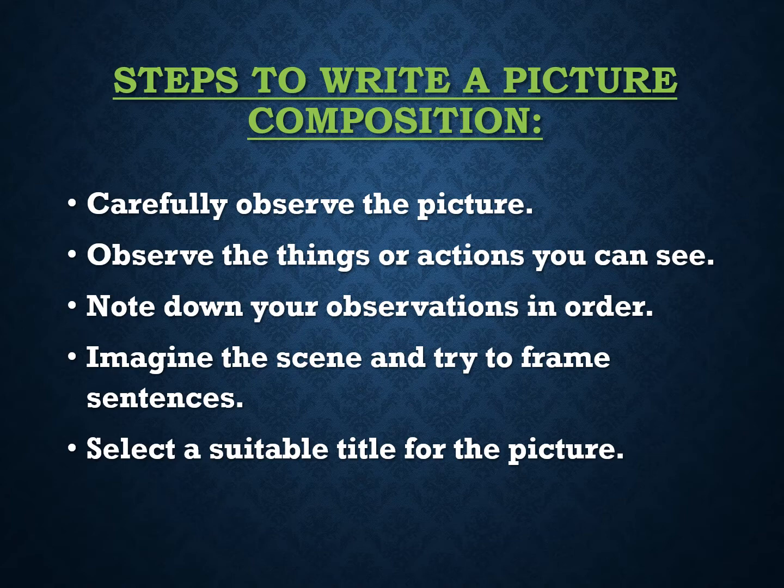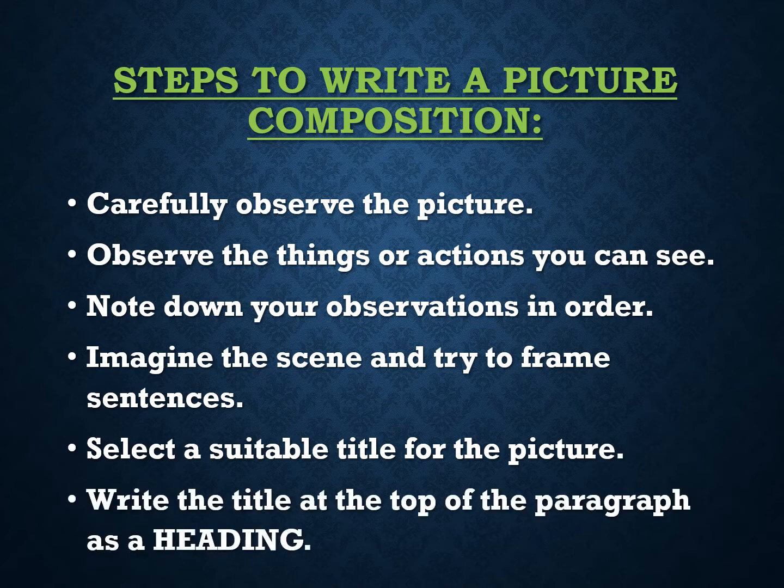Then we have to select a suitable title for the picture. And then write the title at the top of the paragraph as a heading. These are the simple steps that we need to follow to write a picture composition. If you remember these steps, it will become very easy for you to do a picture composition.